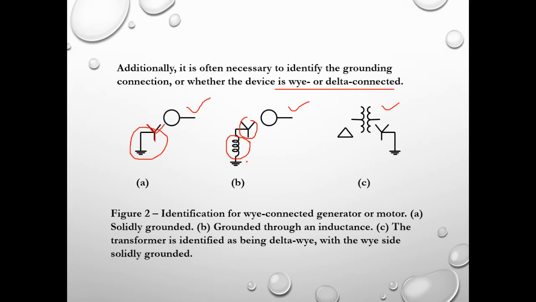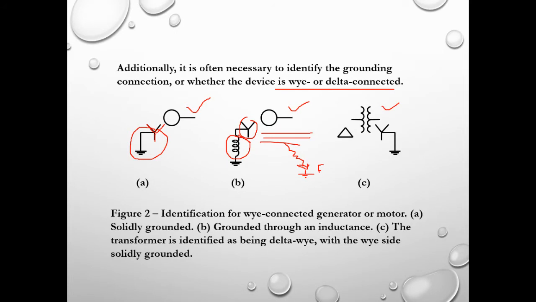The purpose, the objective, of the inductance over here is actually to reduce the magnitude of the short circuit current caused by the failure of one line to ground. Let's say we have three lines over here, and the third line fails and goes to ground.